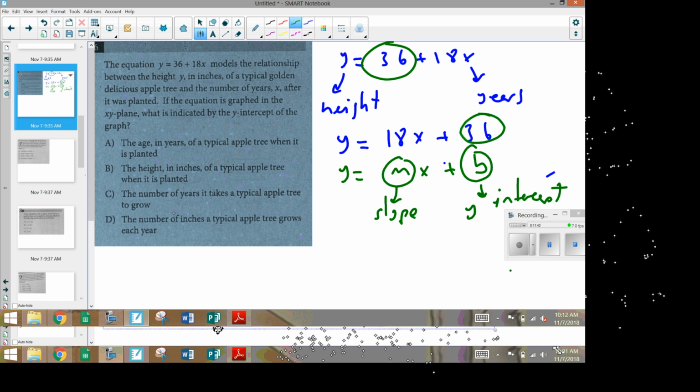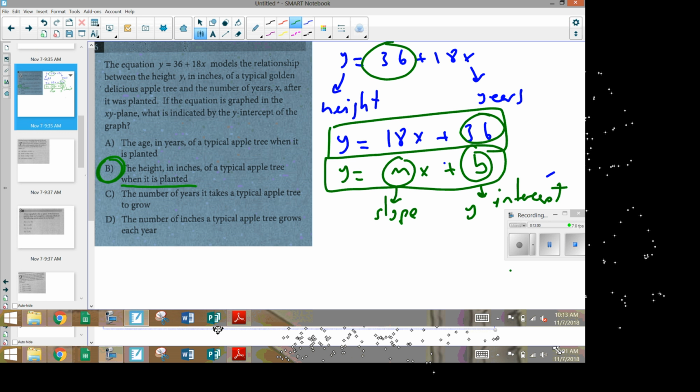The height in inches of a typical apple tree when it's planted. So in this question, what was important was comparing the slope-intercept form with the equation itself. So b is equal to 36. So 36 is going to be the height of the tree when it's planted.